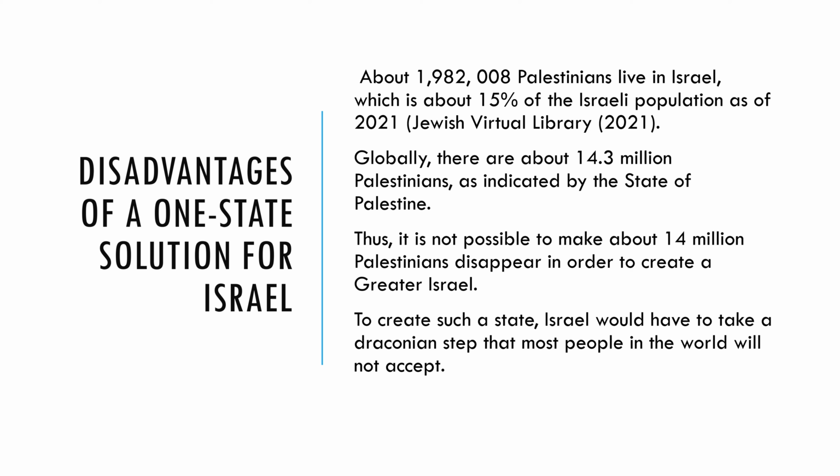Thus, it is not possible to make about 14 million Palestinians disappear in order to create a greater Israel. To create such a state, Israel would have to take a draconian step that most people in the world will not accept or support.